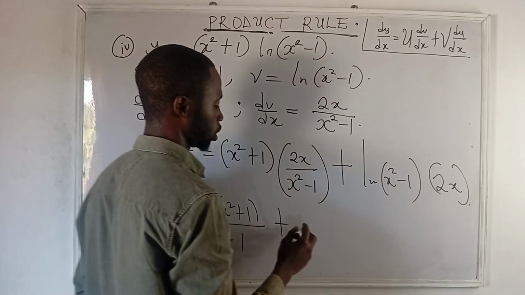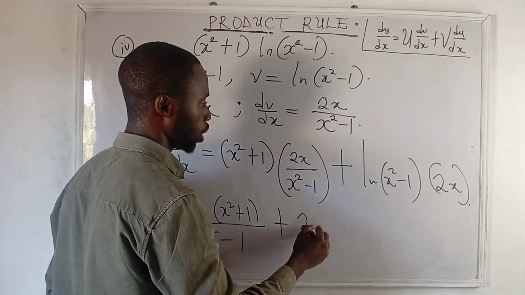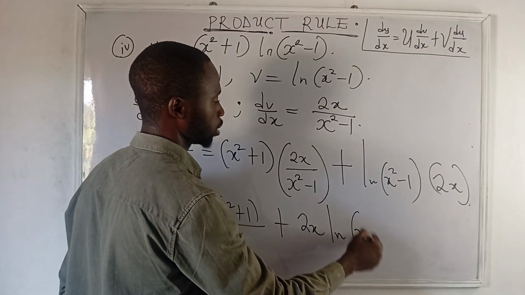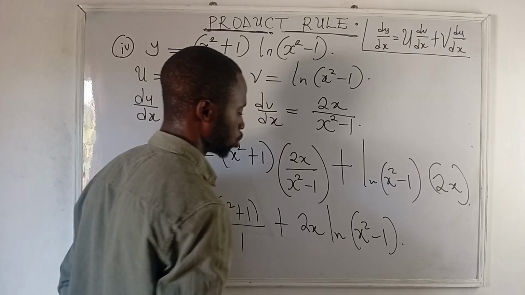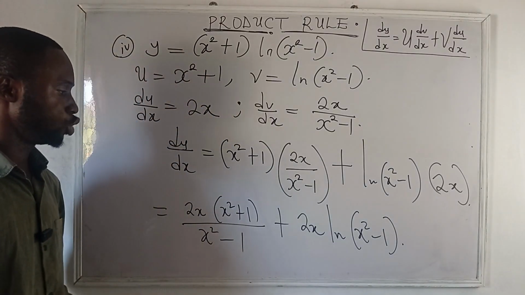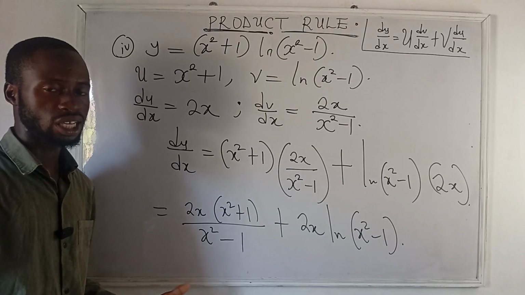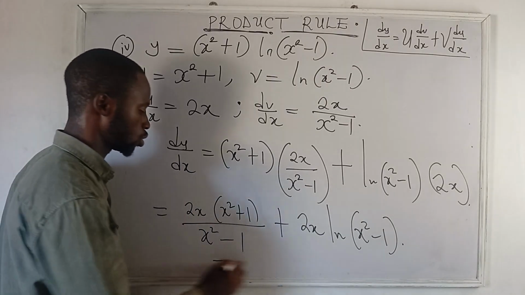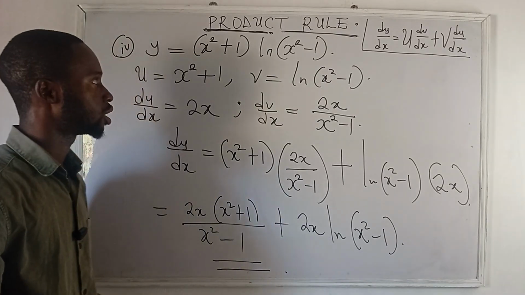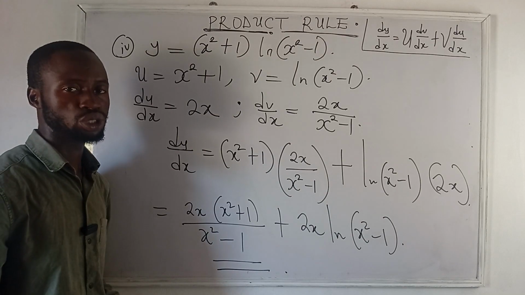You have to put it at the back. So we are going to have 2x ln x squared minus 1. You could as well factorize 2x outside, maybe for your final answer. It all depends. So this will be our answer to the derivative of this question.